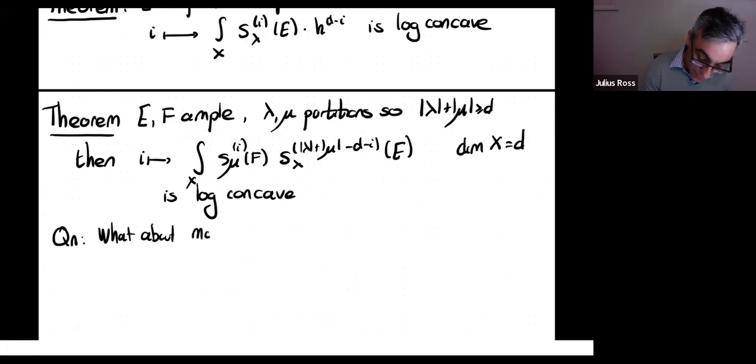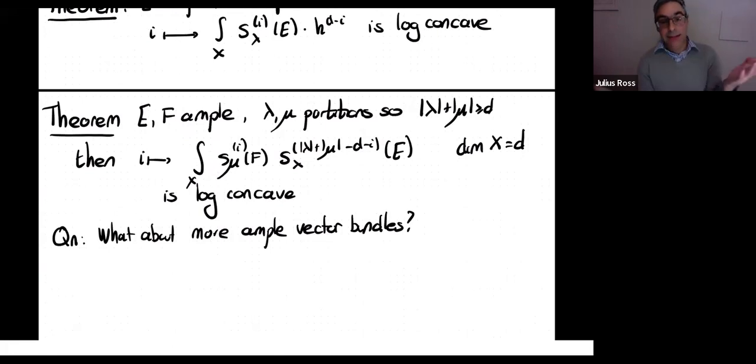What about more ample vector bundles? Say you've got three ample vector bundles, then you're going to get some number of classes that depend on I and J. I guess there are probably many ways of doing this.